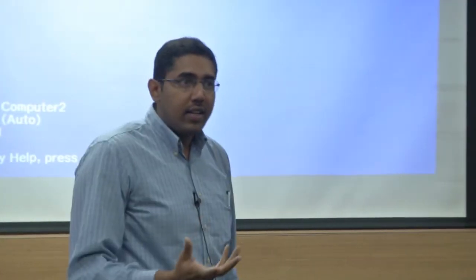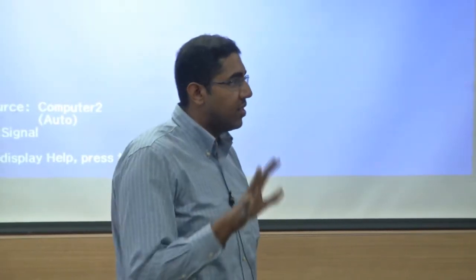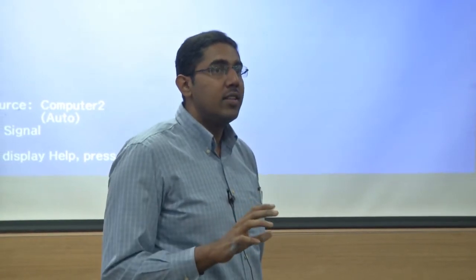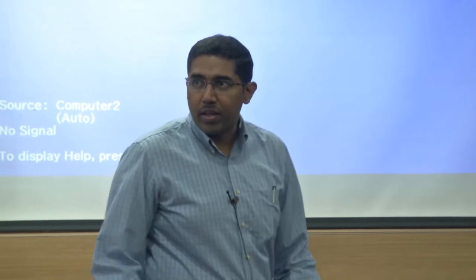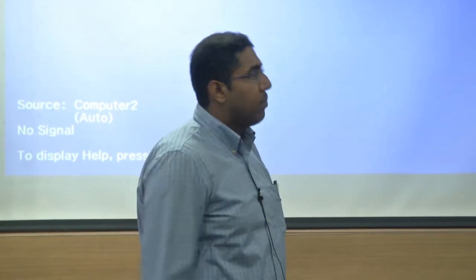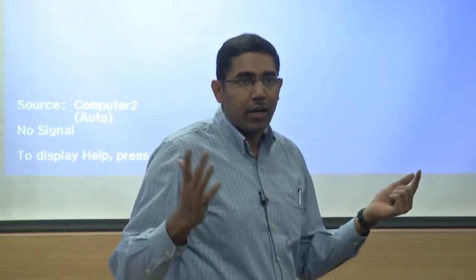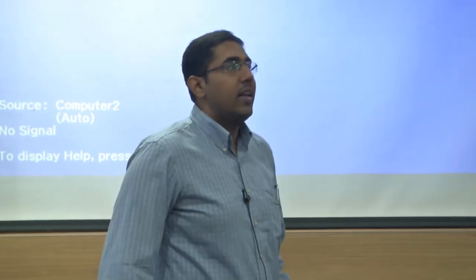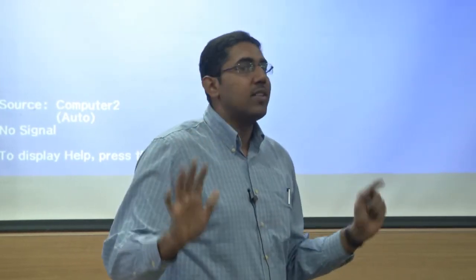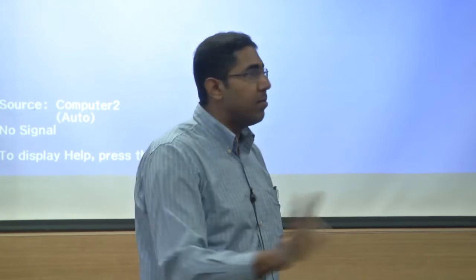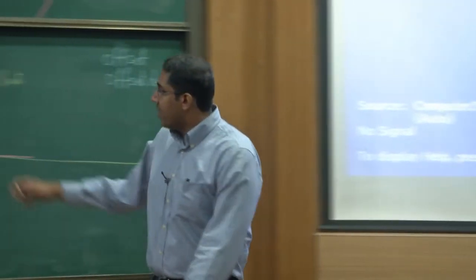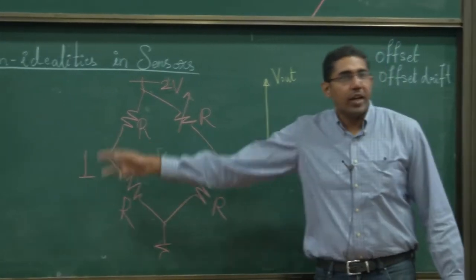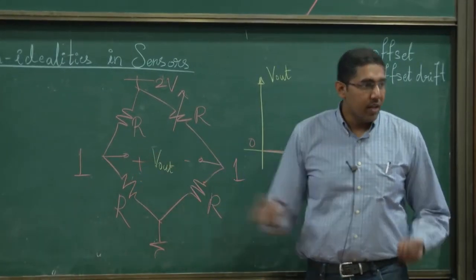But no, it is unlikely that all the resistors in the circuit are exactly R. It can never happen. All of you might have a multimeter and a bank of resistors. Take any two 1 kilo ohm resistors and measure them. Never will they be the same, right? You can never achieve perfect match between any two of these, okay?